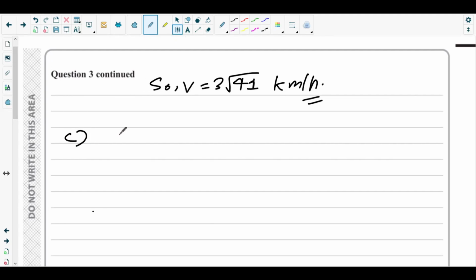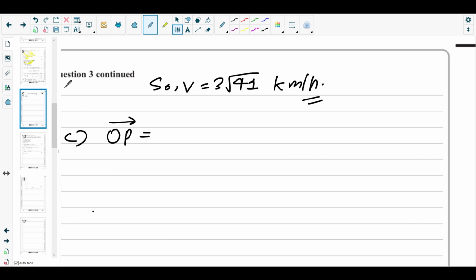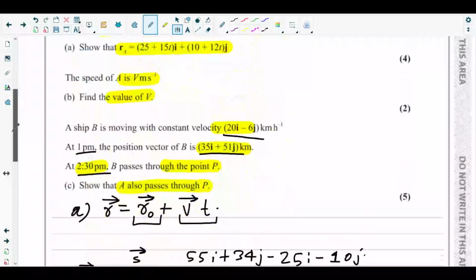So for part C, we need to find the position of point P, that is OP. The initial position of ship B is given as 35i plus 51j. Sorry, 20i is the velocity.